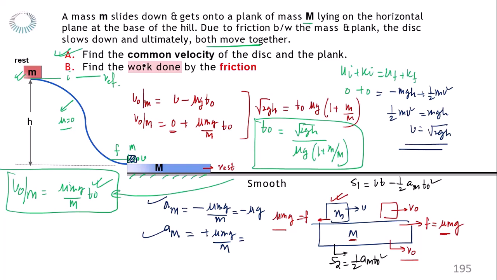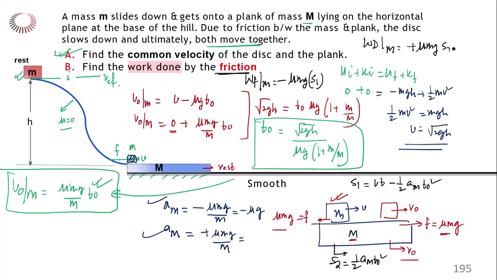You are asked to calculate the work done by the friction. Friction is doing work on small m and also on capital M. Work done by friction on small m should be equal to minus mu mg into S1. Similarly, work done by friction on capital M should be plus mu mg into S2, plus because friction is acting in the forward direction.